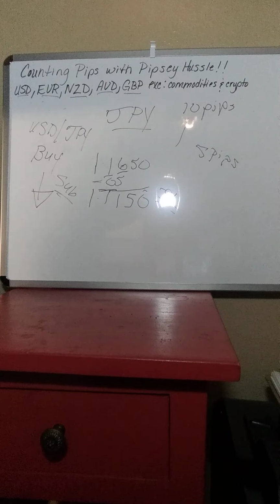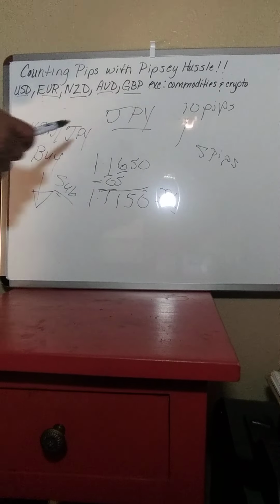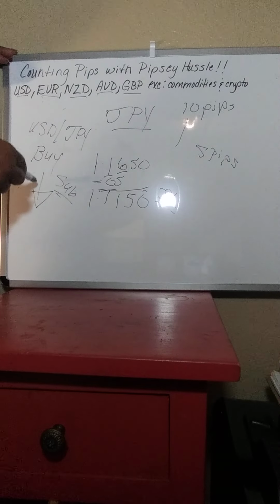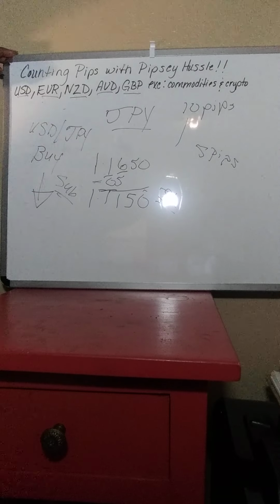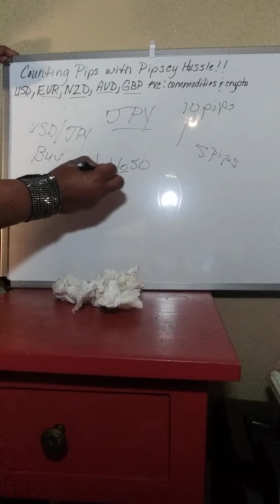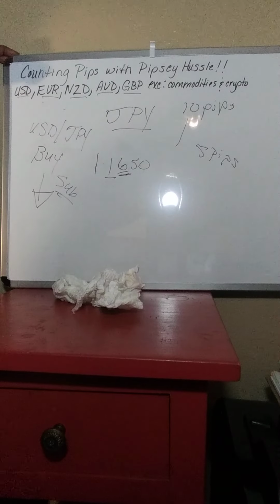So basically, in order to count pips, like I said, you guys, if you enter into a trade here and you want to do a buy and you want to calculate your take profit on a Japanese pair, you only manipulate the first 2 in that pair.